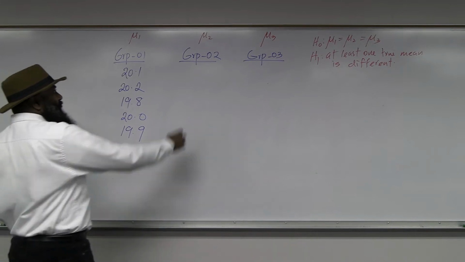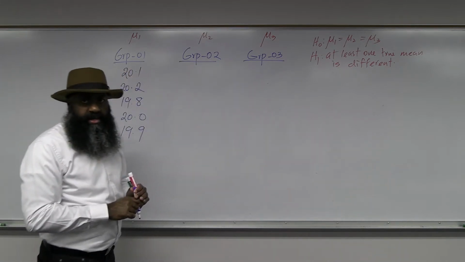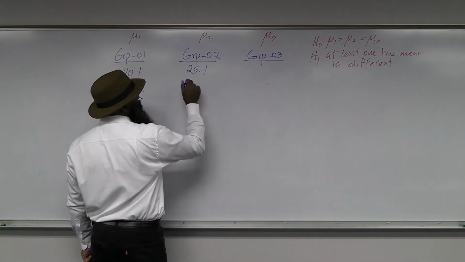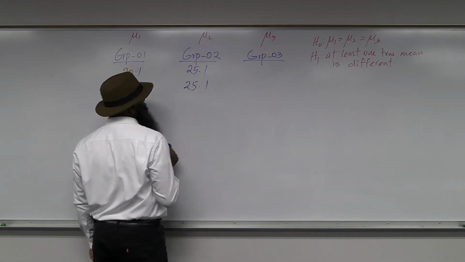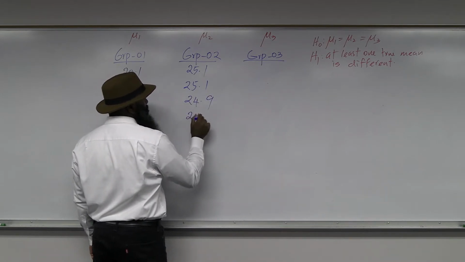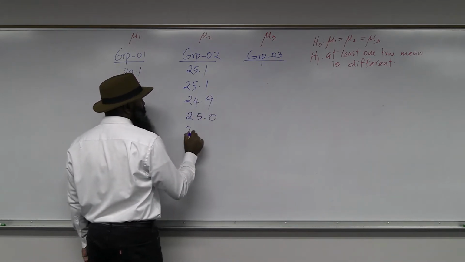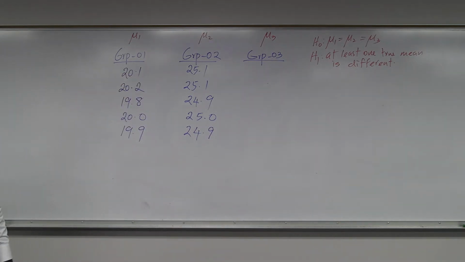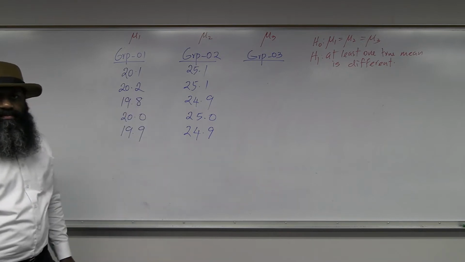From group 2, let's say these are the data points that I collected: 25.1, 25.1 again, 24.9, 25.0, and 24.9. And again, I have 5 data points.